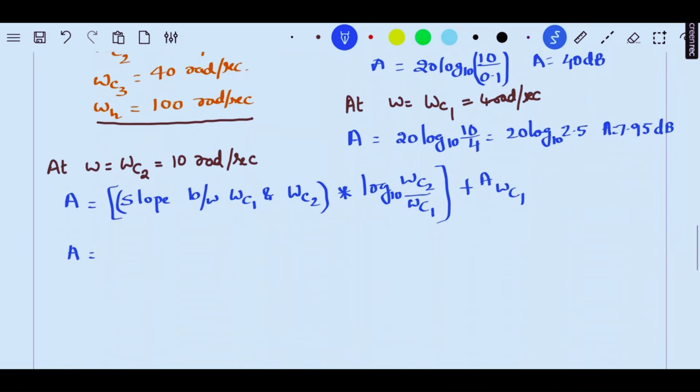I will substitute minus 40 into this formula, multiplied with log of omega C2, which is 10, divided by omega C1, which is 4, to the base 10. And this whole thing will be added with the previous gain, which was 7.95.